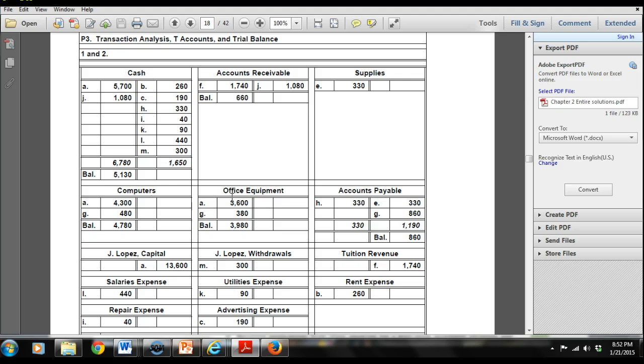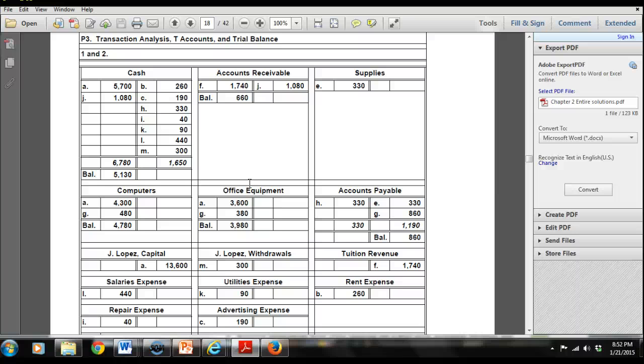Our credit needs to equal our debits. So our $5,700 plus $4,300 plus $3,600 give us $13,600. Am I right? Okay. So if those are our debits, what is going to be our corresponding credit?